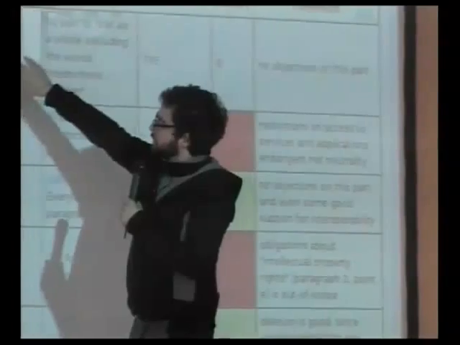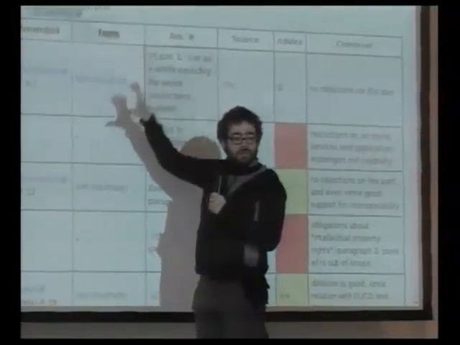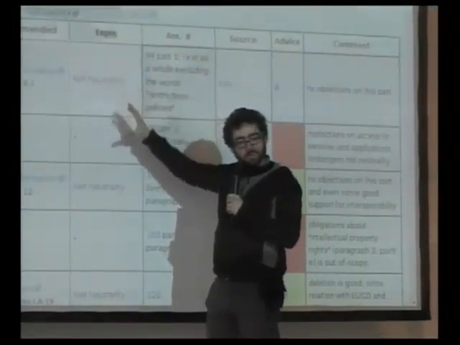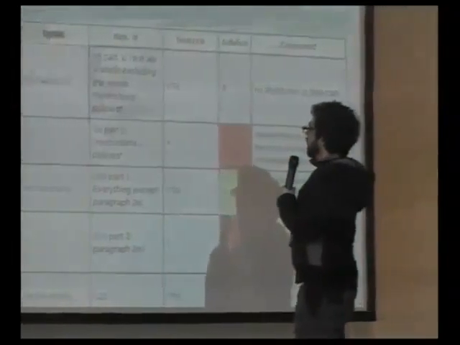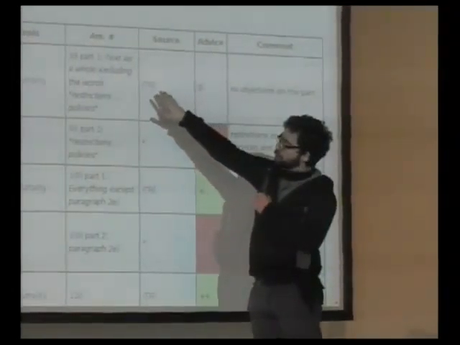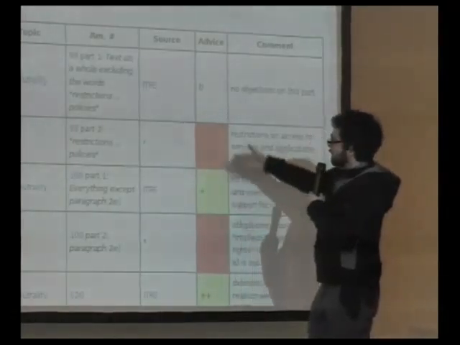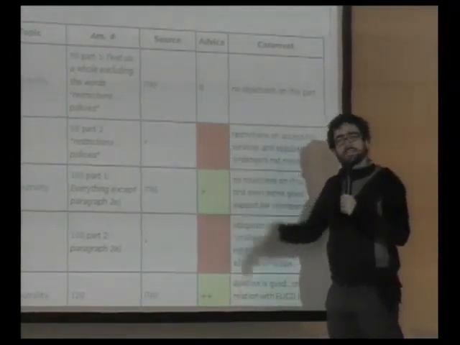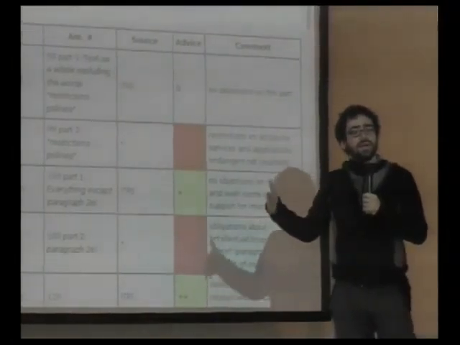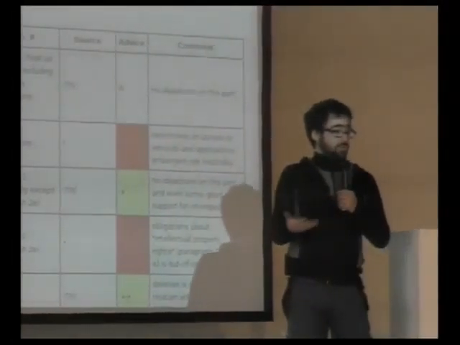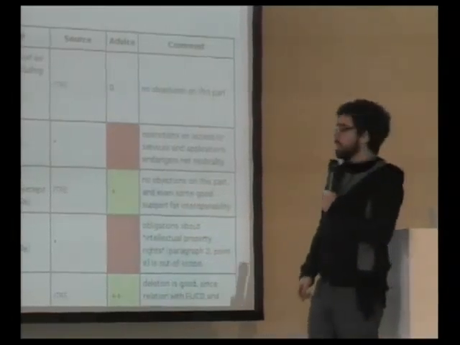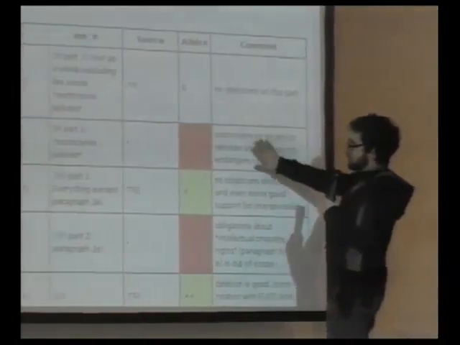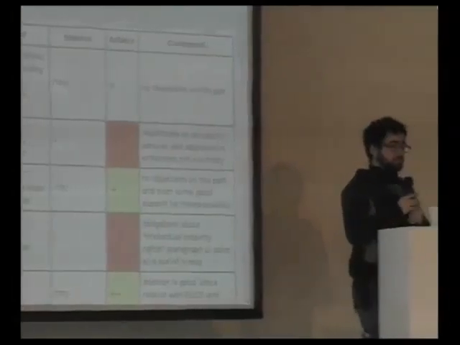We added it because we had pages where we sorted the amendments by topic in order to better understand what was going on. Then which committee outputted the amendment, and our advice for voting with a minus or a plus plus, and etc., which is once again the standard codes used inside the Parliament to give voting recommendations, and of course our comment on why to vote.